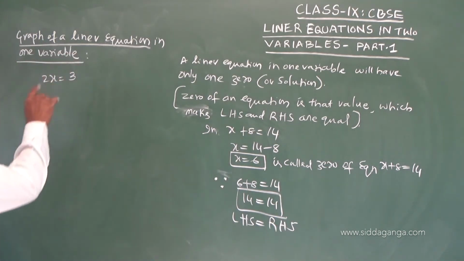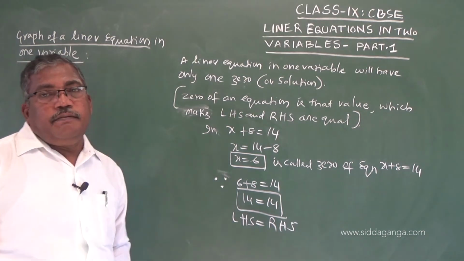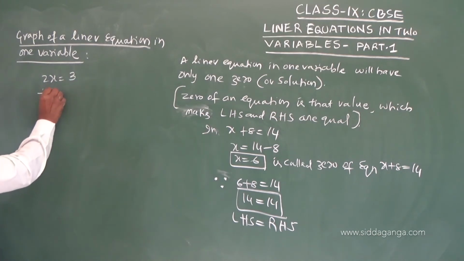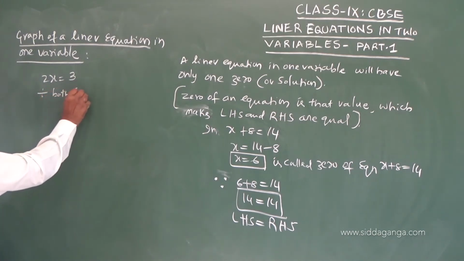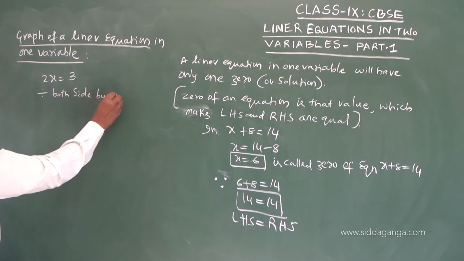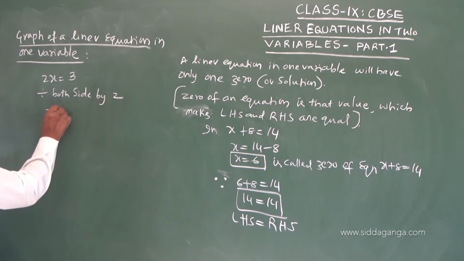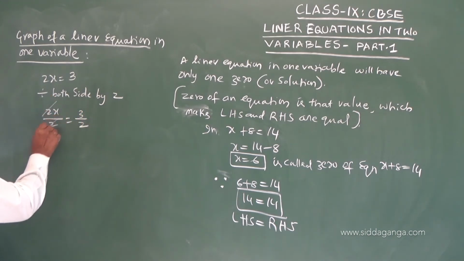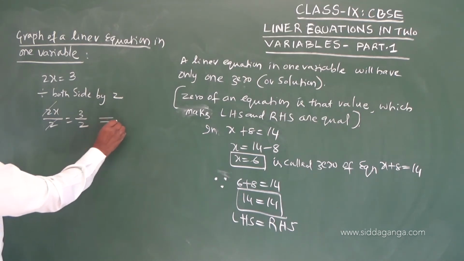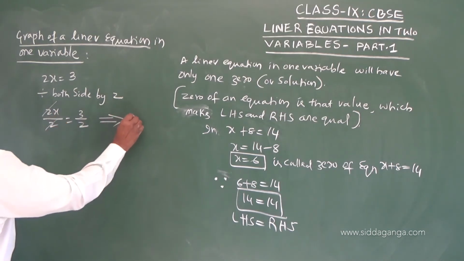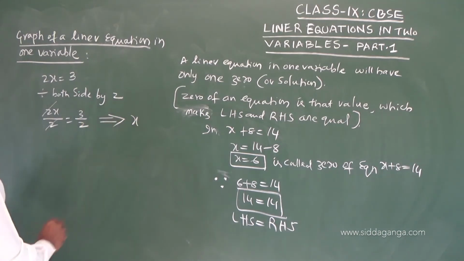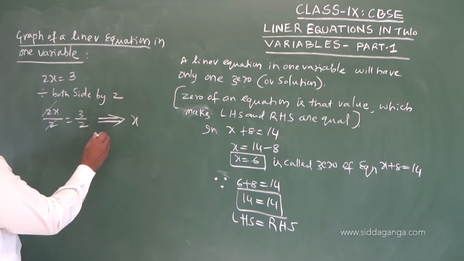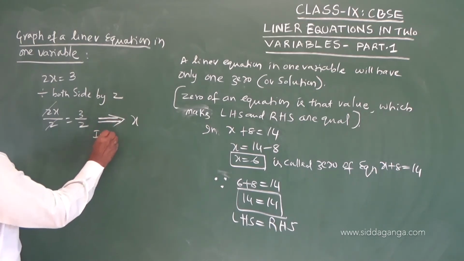In this case, in order to get the value of x, we divide both sides by 2. So therefore 2x divided by 2 equals 3 divided by 2. Here 2 and 2 cancel. So therefore we get x equals, this implies. This double line with the arrow mark is read as implies.